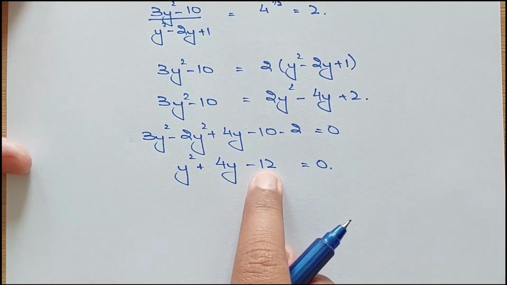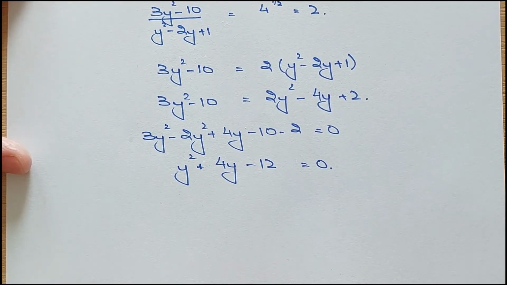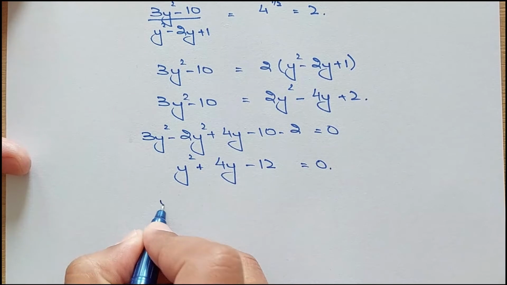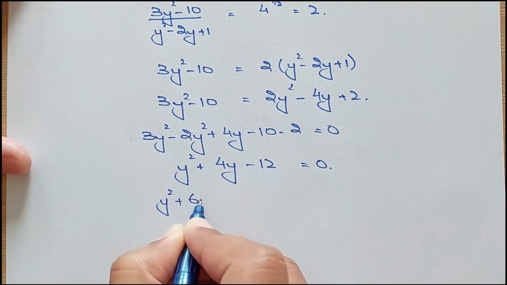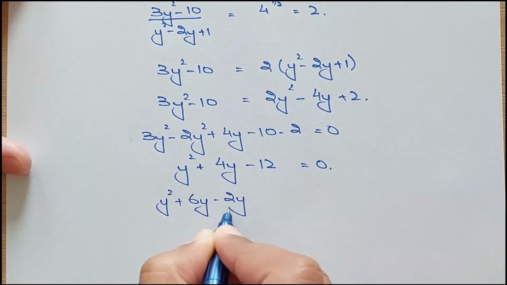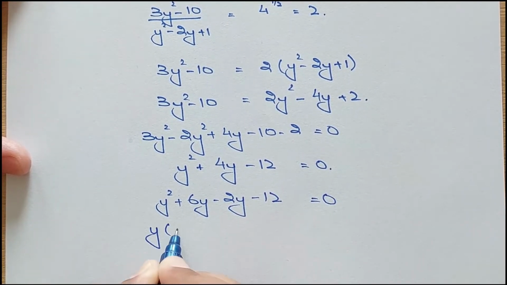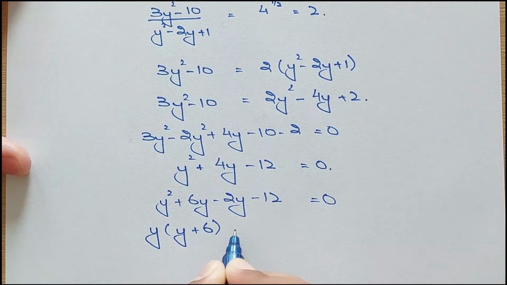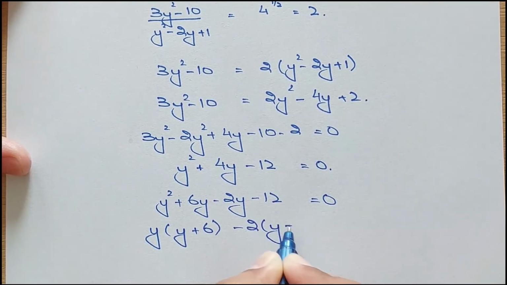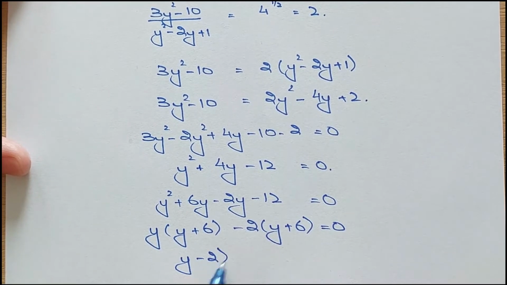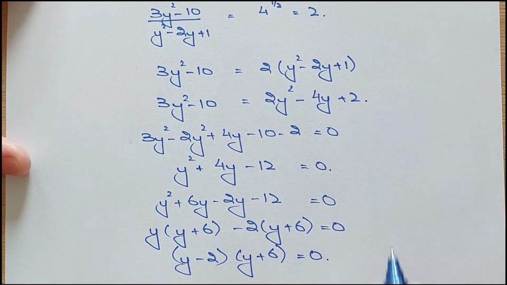1 times 12 is 12, 2 times 6 is 12, and 6 minus 2 is 4. Y square plus 6y minus 2y minus 12 equals to 0. Y is common, y plus 6 is left, minus 2 is common, y plus 6 equals to 0. So the two factors are y minus 2 and y plus 6 equals to 0.